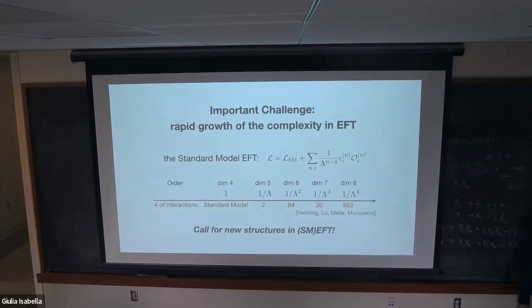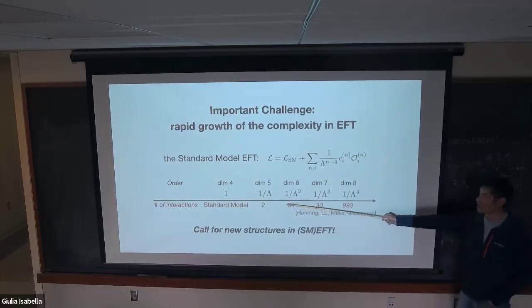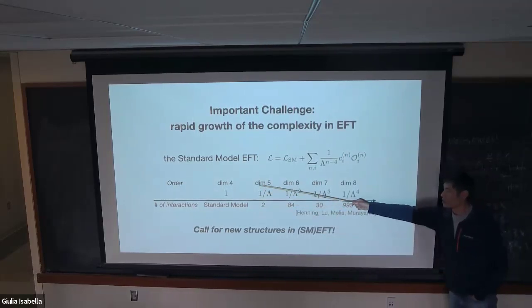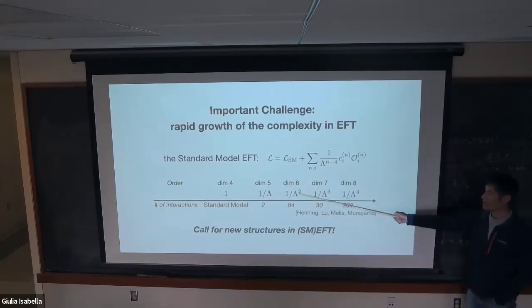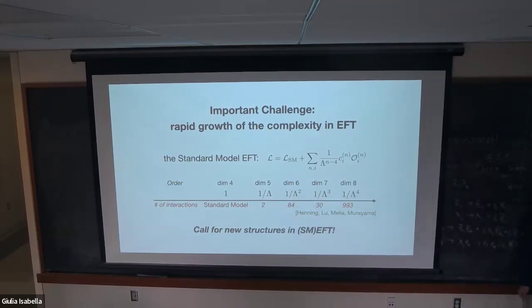The reason is that by going to this model-independent framework, you pay a huge price in complexity. We organize the operators in terms of dimension: there is only one operator, the usual Weinberg operator, at dimension 5. For most of the LHC processes we're interested in dimension 6, and that's about 100 operators.